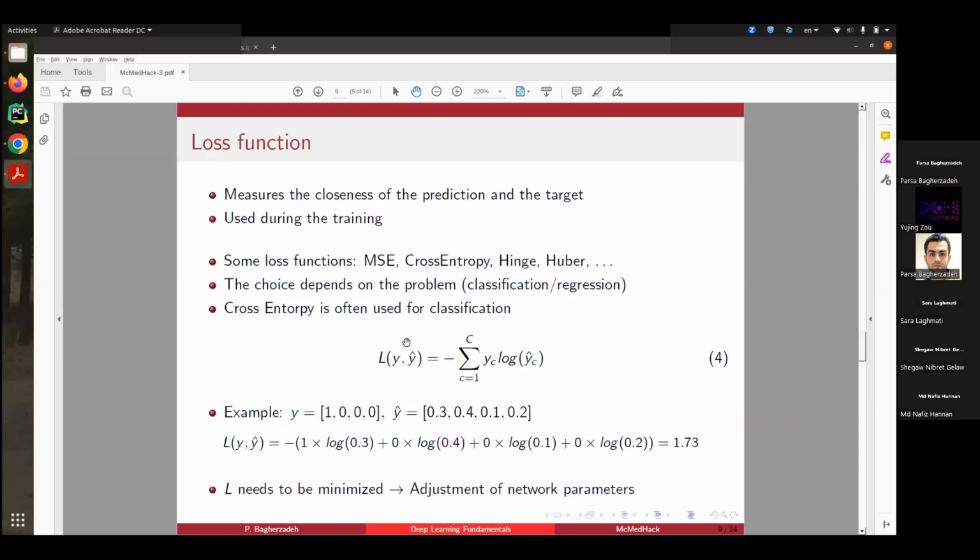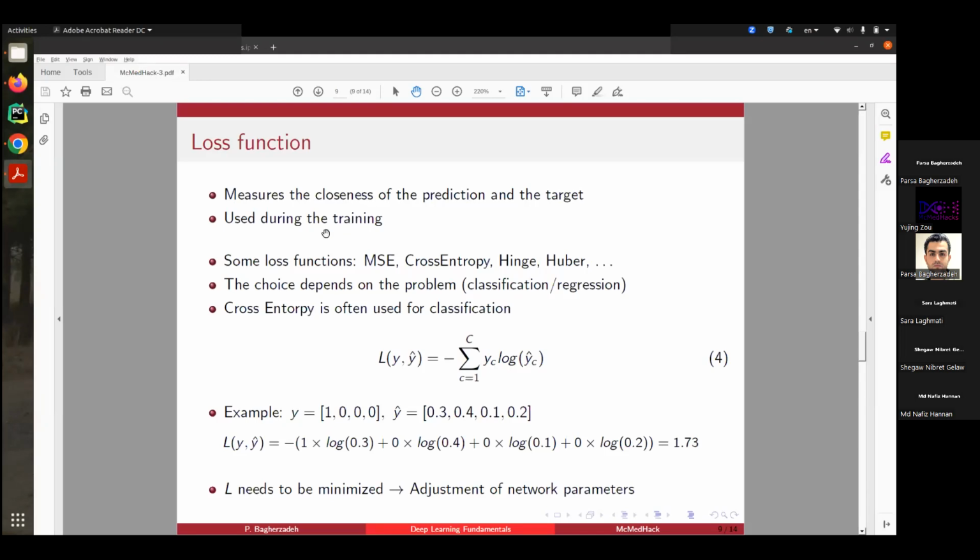So we need to adjust the weights and the parameters of the network such that the network actually predicts the tumor. Because we want to later deploy this model in clinical settings, right? So we use this loss function to measure the prediction and what we desire.